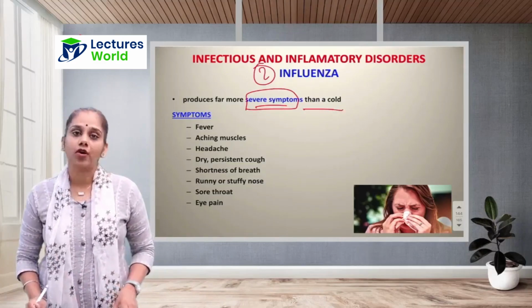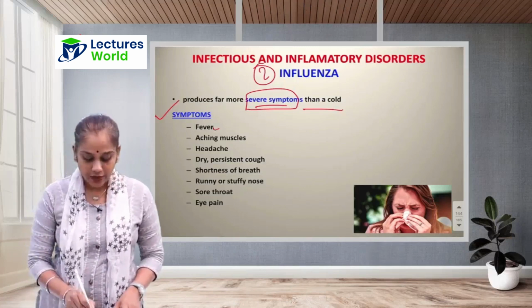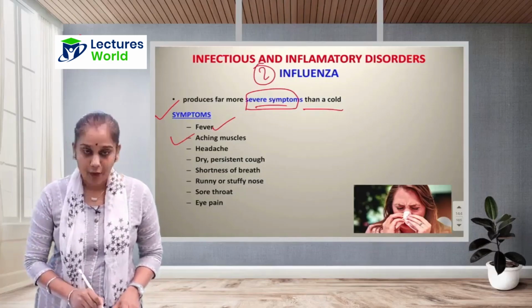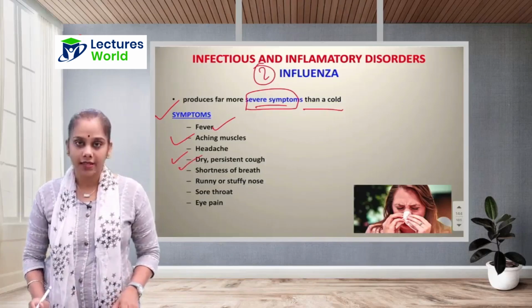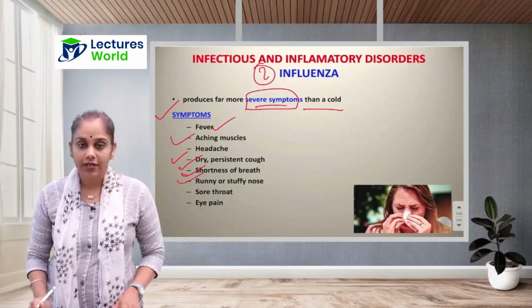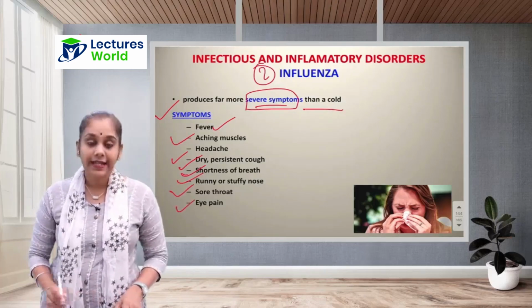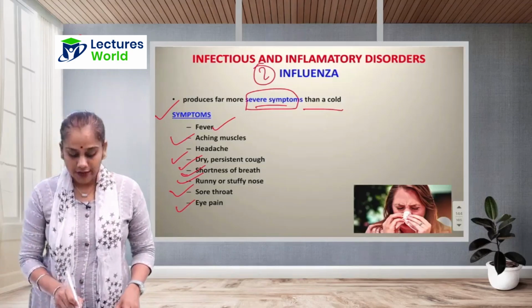The symptoms are fever because of infection, aching muscles or body pain, headache, dry and persistent cough, shortness of breath, runny or stuffy nose, sore throat, and pain in the eye.